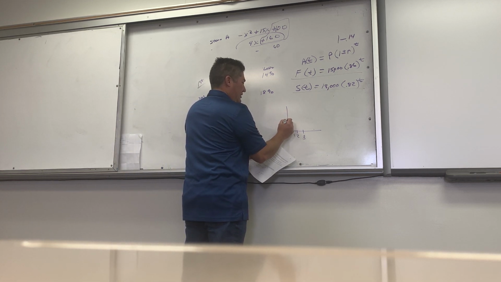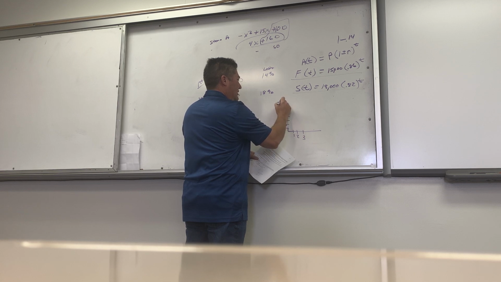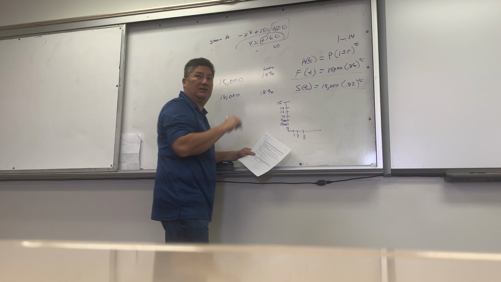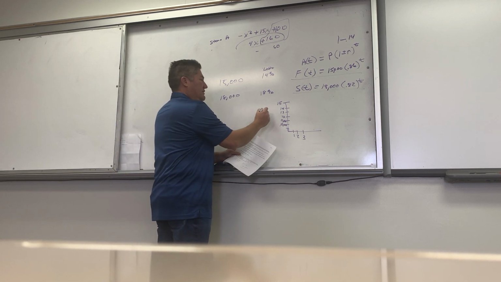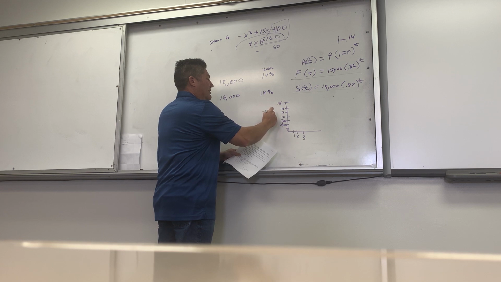I'm going to start counting at 10,000. So there's 10,000. There's 11, there's 12. I'm just counting by thousands. Everybody with me? 13,000, 14,000, and 15,000. So realize I'm counting by thousands, and you'll see graphs this way that say, hey, we're counting by thousands here.